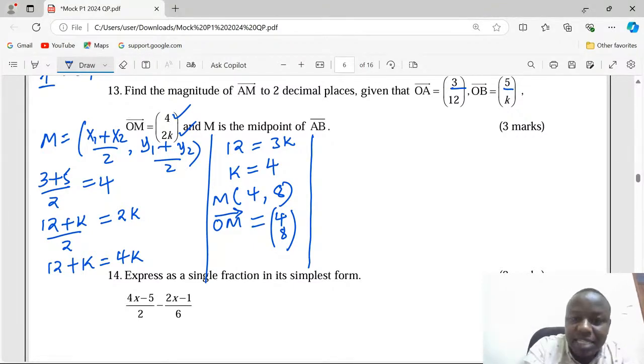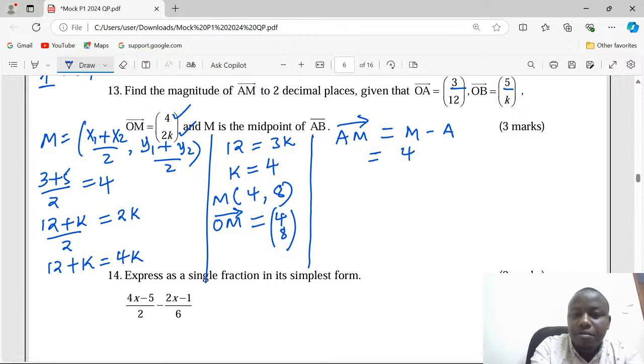So let's get vector AM first. We need M minus A positions. So we need (4, 8) minus A, which is (3, 12). This is giving us (1, -4).